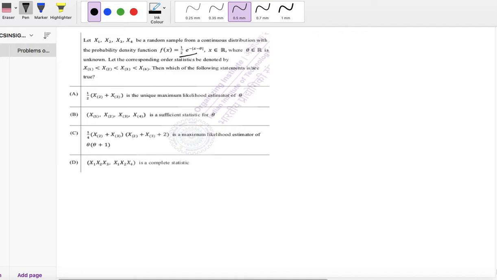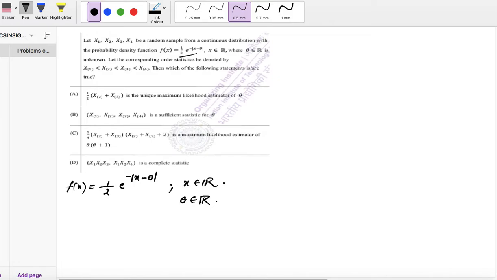So what we have in our hand is f of x equals 1 by 2 exponential of minus absolute value of x minus theta. The support of x is the real line, and theta may belong to the real line.